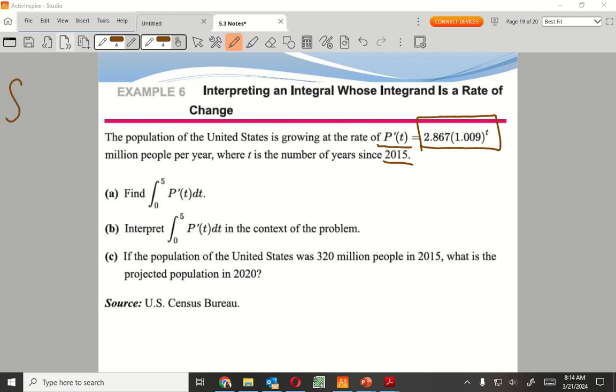So the integral of a to the t dt is equal to a to the t over ln a. Let me double check. Yeah, ln a.